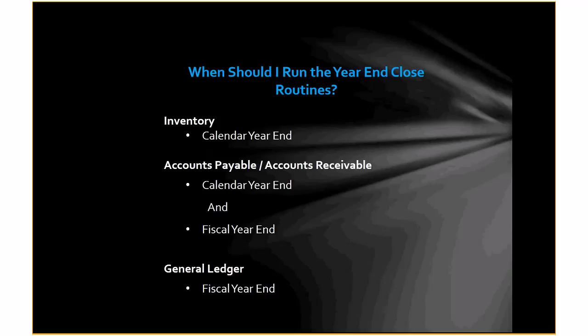But it's not like that for every company, so you have some flexibility built in there to allow for those types of changes. And last but not least, we have the general ledger. The general ledger has a little bit more leeway than the other modules that can be closed at fiscal year end. But if you're not able to or not wanting to close immediately after the year end, you could do so anytime thereafter.